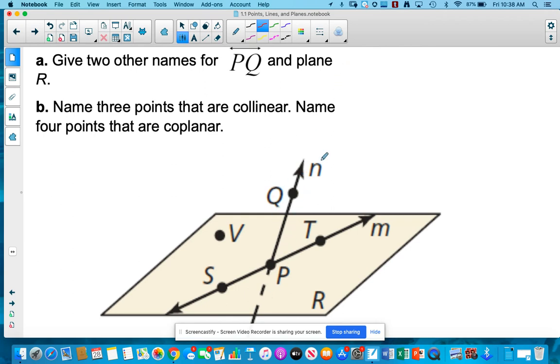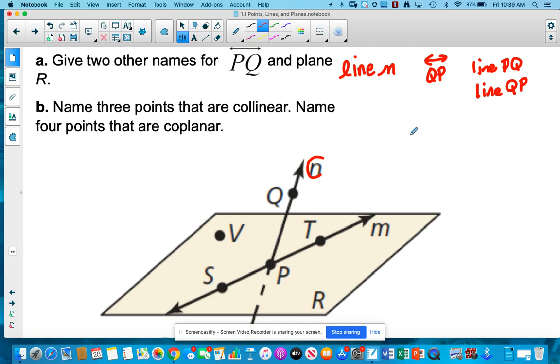Notice PQ also is line N, so we could say it is line N. You could also flip-flop these two and say it is line QP. Okay, and then it says and plane R.